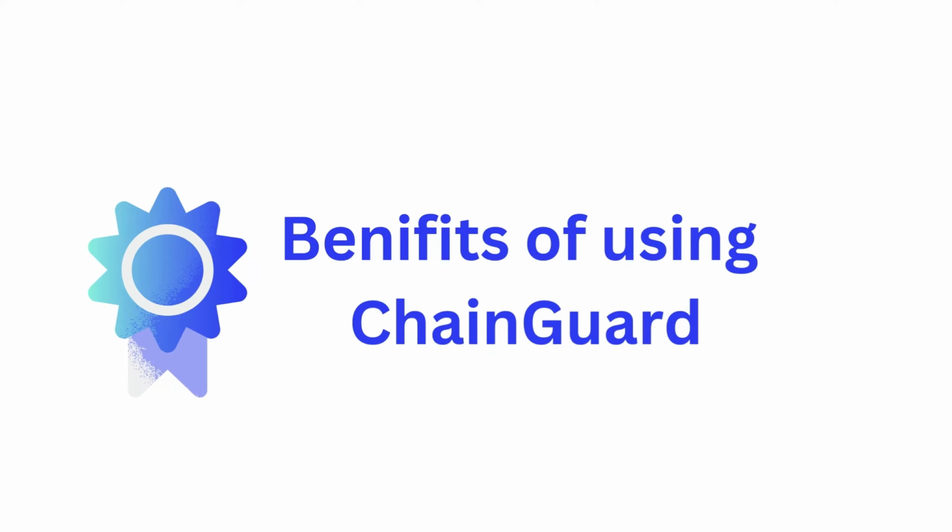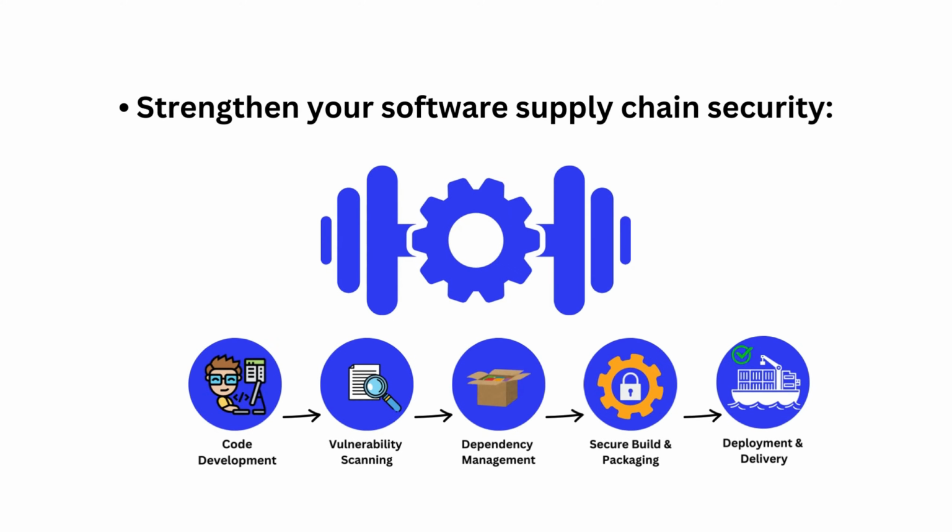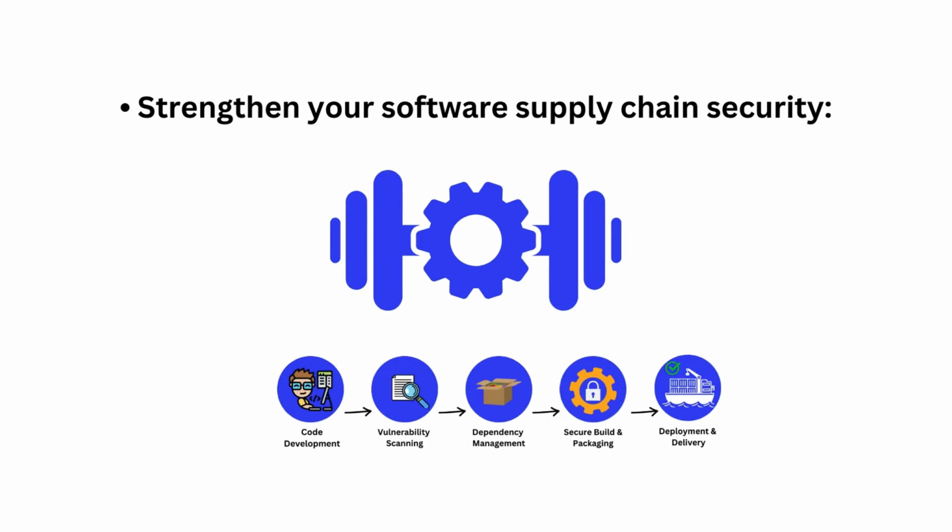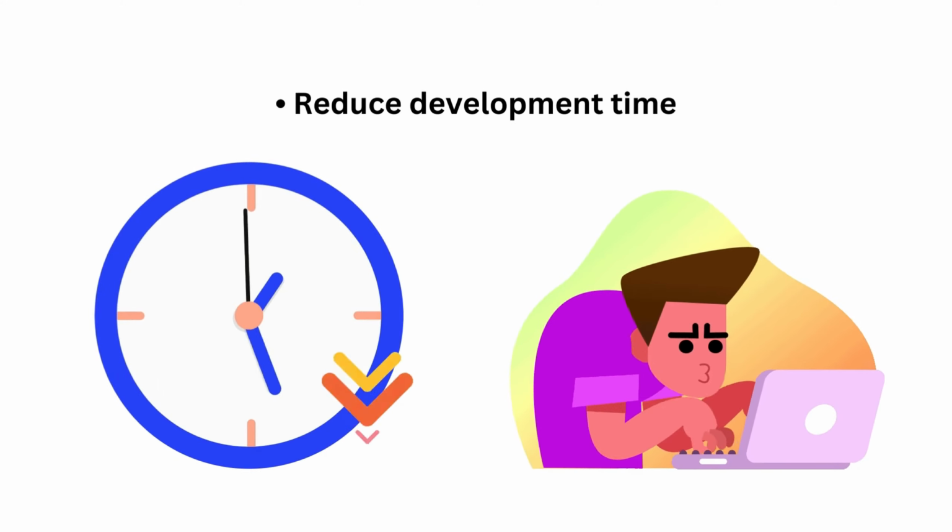And finally, what are the benefits of using Chainguard images? By incorporating Chainguard images into your development workflow, you can strengthen your software supply chain security. You'll have a solid foundation for building a secure application from the ground up and reduce development time.